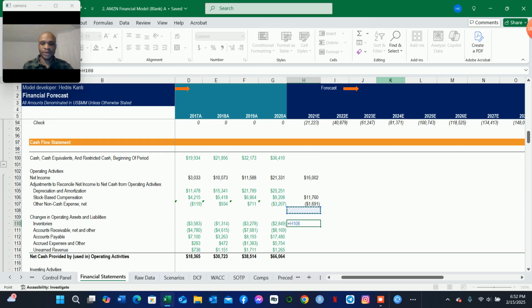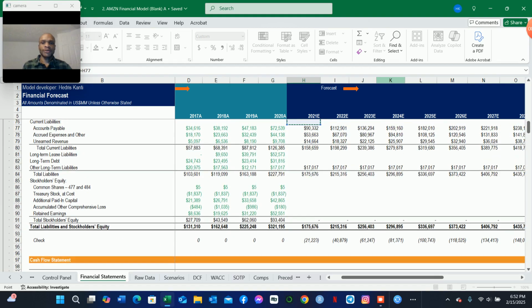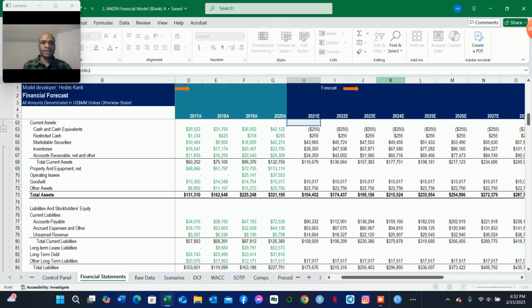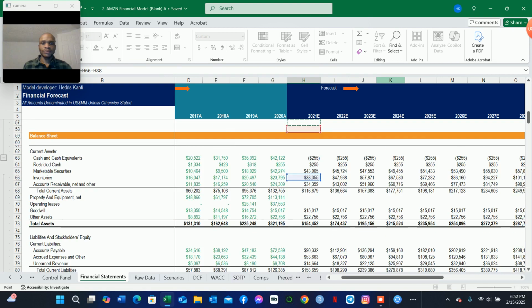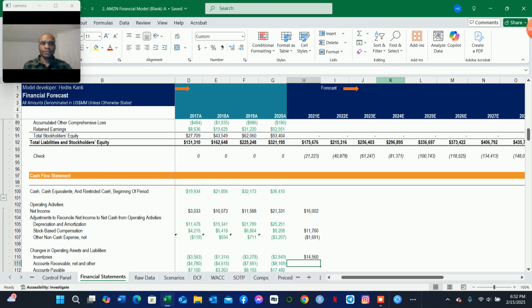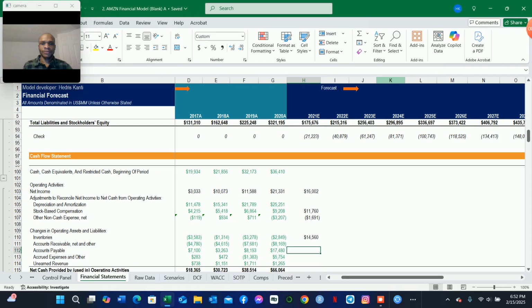So it's going to be equal to, we go to the balance sheet, grab the changes in inventory, and also grab the changes in accounts receivable, which is just one cell below inventory.